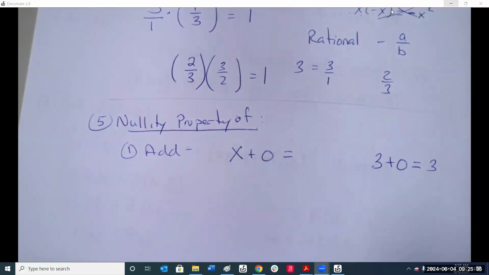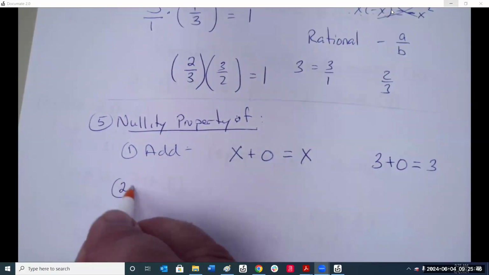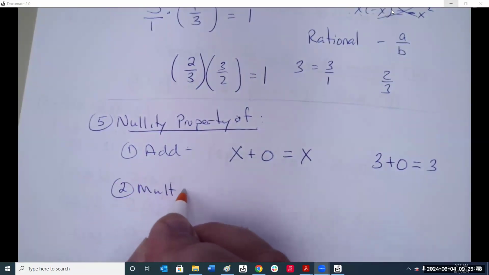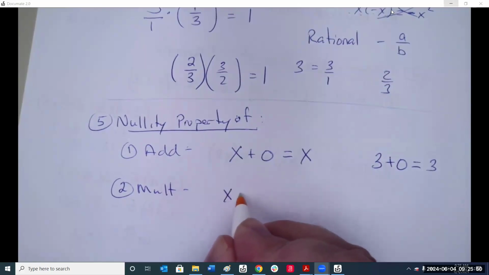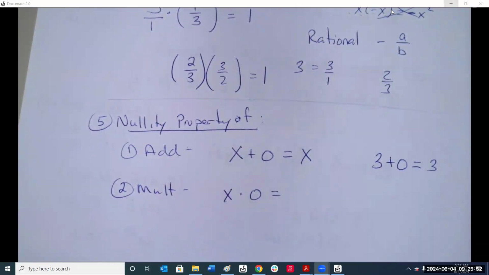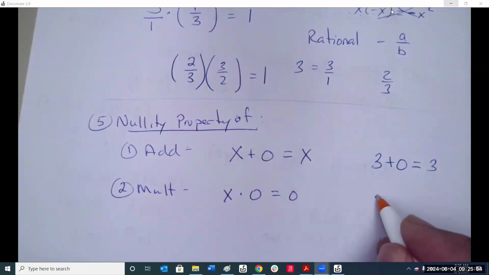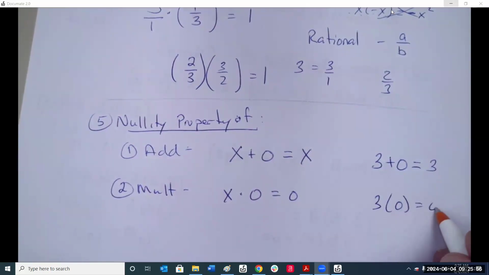So x plus 0 is x. Anything plus 0 is itself because it doesn't go anywhere. X times 0 is what? Very good. 0. So 3 times 0 is 0.